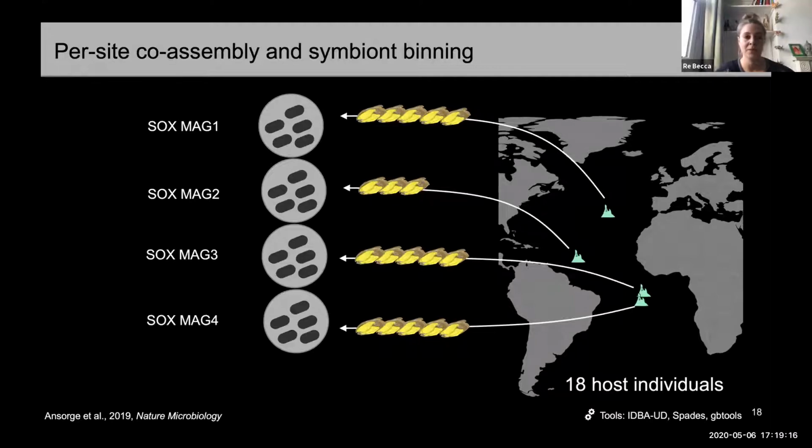And then I performed some binning steps that grouped metagenome-assembled genomes of every SOX symbiont for each site separately. So this resulted in one reference sequence for the SOX symbiont for each of those sites.